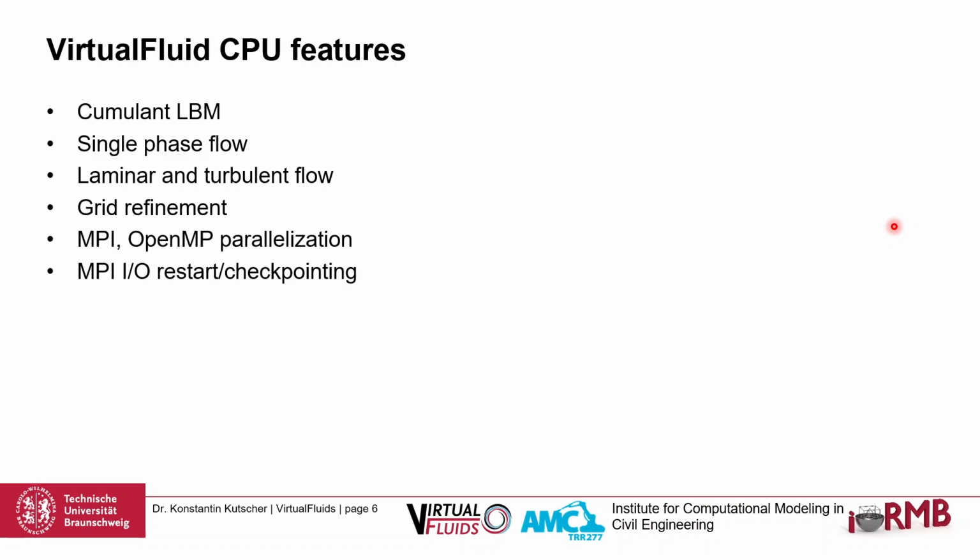What we have at the moment in the public version of VirtualFluids is an implementation for single phase flow, and we can compute laminar and turbulent flow. We have grid refinement, MPI and OpenMP parallelization, and MPI IO restart checkpointing.